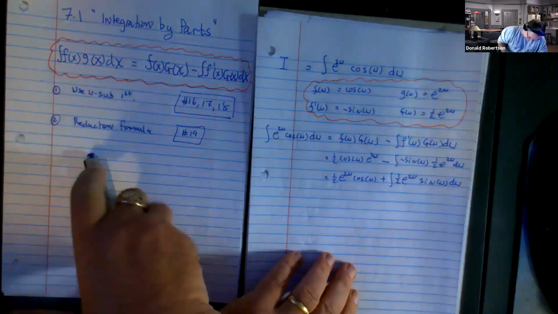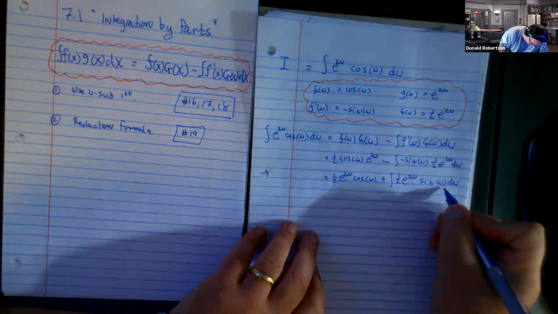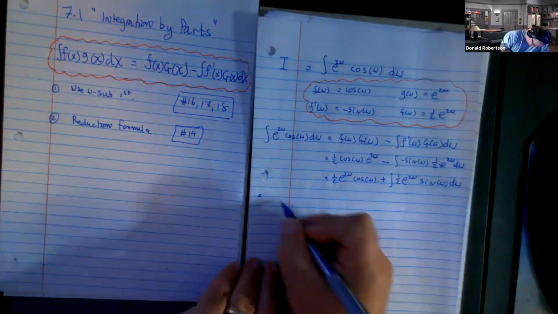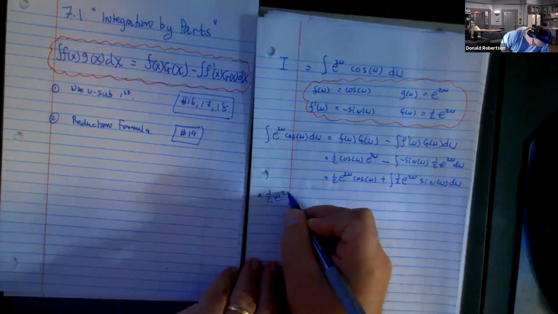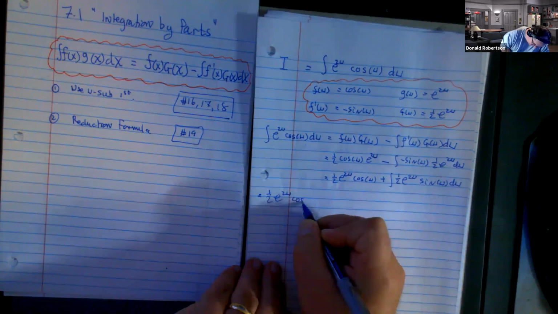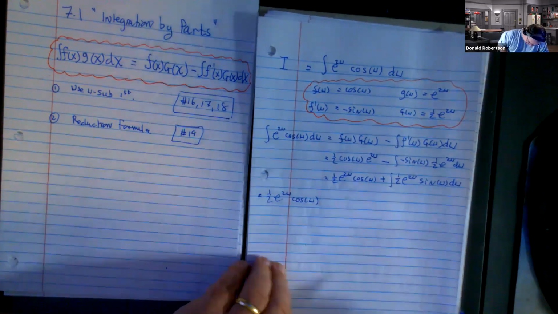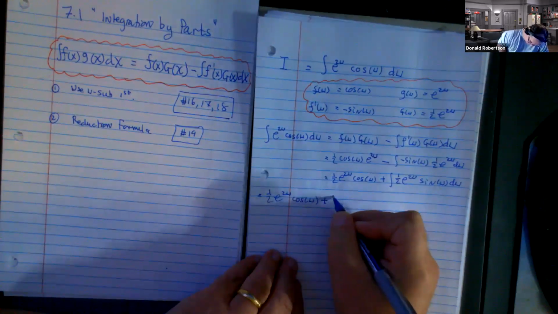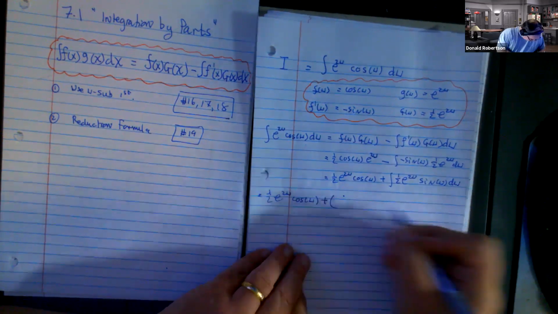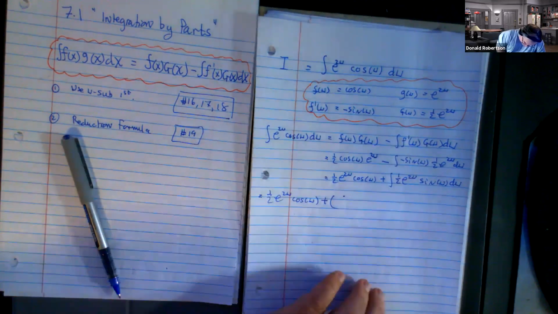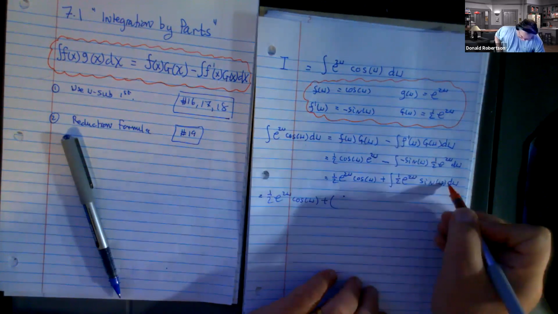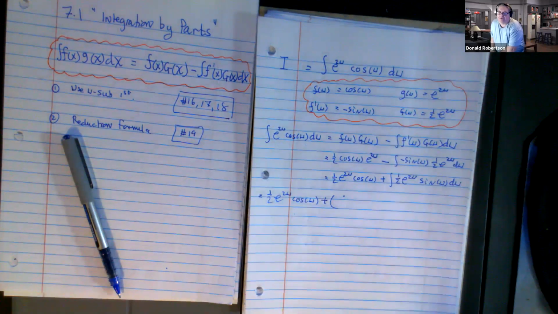Okay, I need to figure out this guy. So I'll just move it over here a little bit. For this integral here, who am I going to call f of u and who am I going to call g of u?